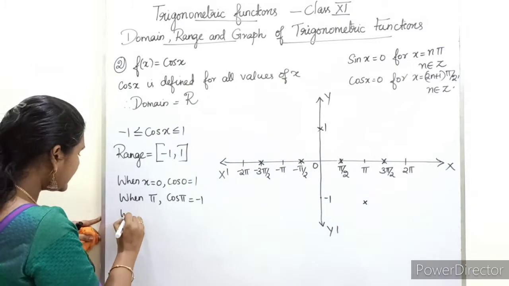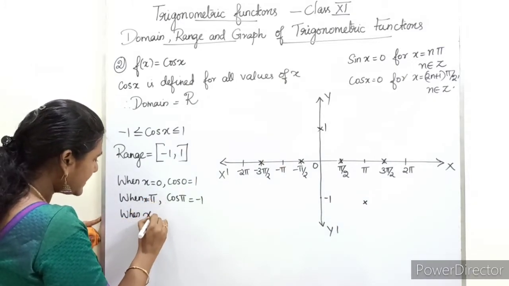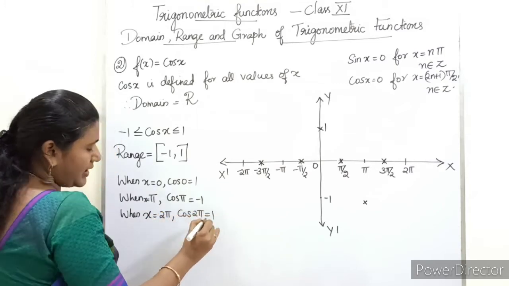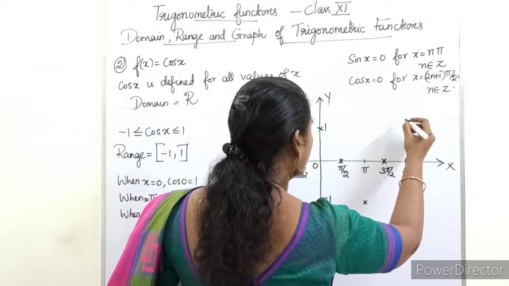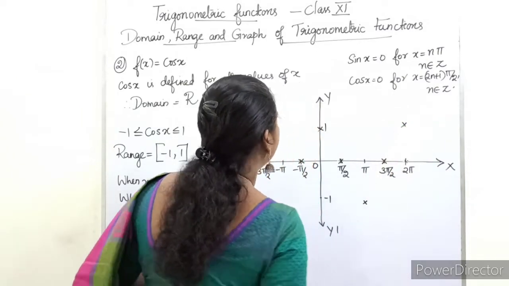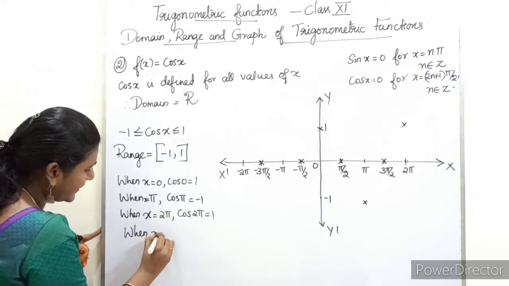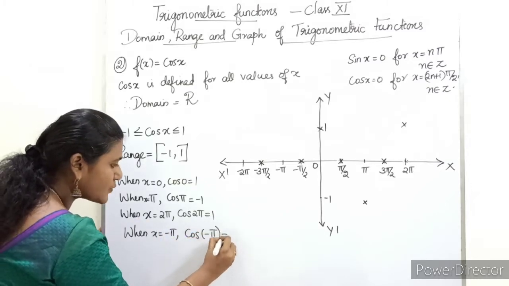Now when x is equal to 2 pi, cos 2 pi is equal to 1. And similarly here, when x is equal to minus pi, cos minus pi is minus 1 only.